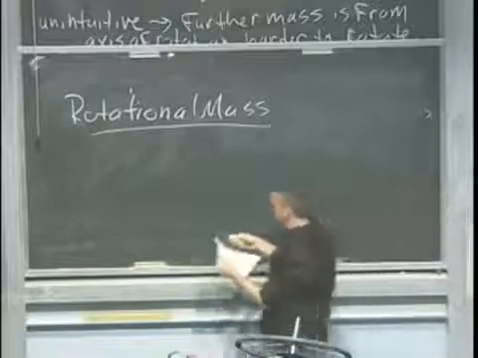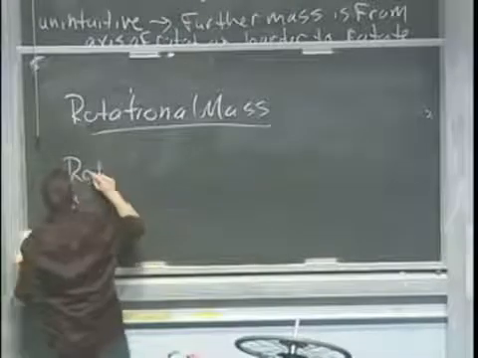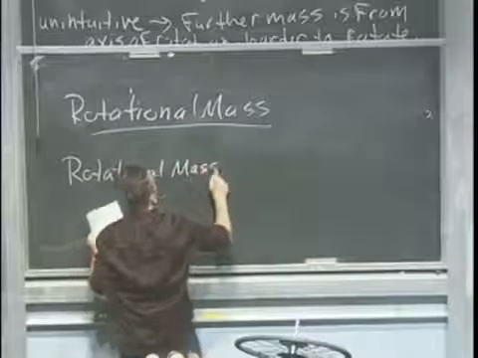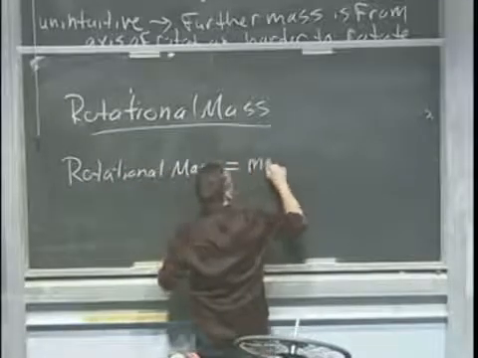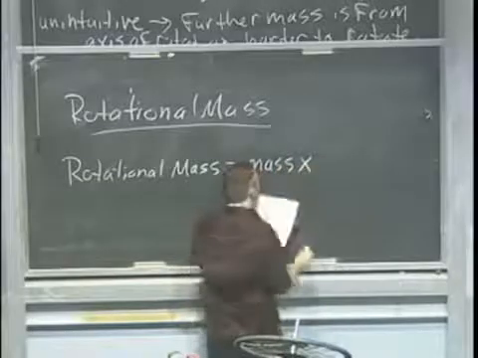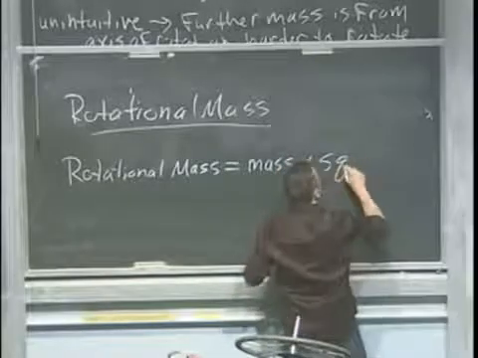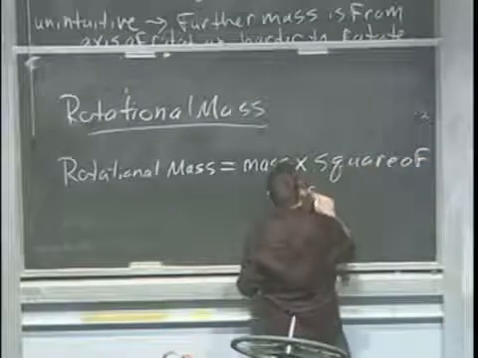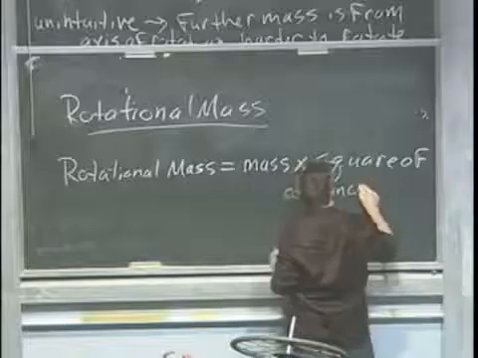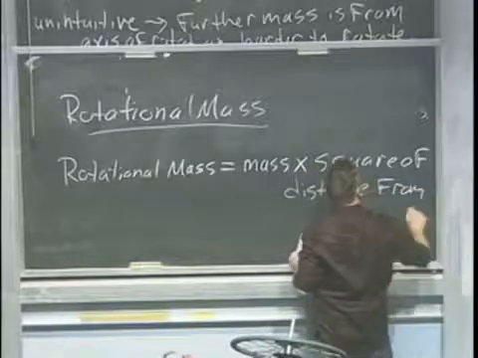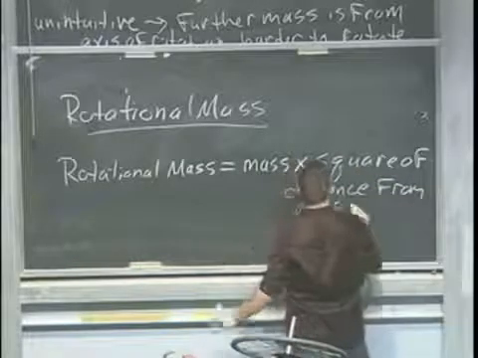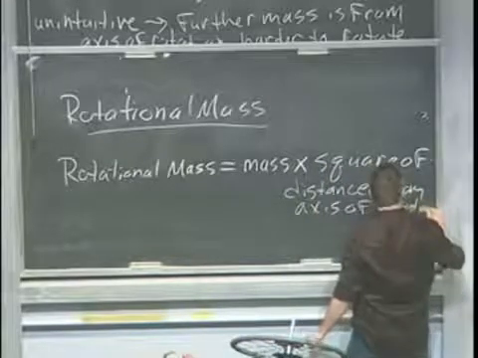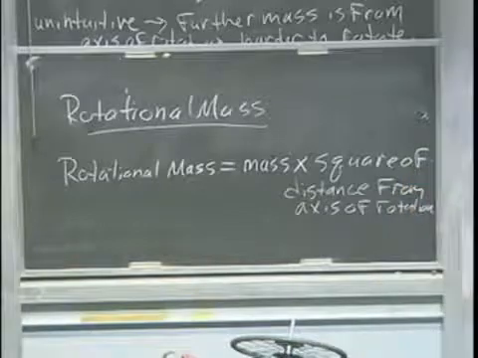Rotational mass is specifically defined as the mass of an object times the square of the distance from the axis of rotation. Okay, it goes as a square of the distance.